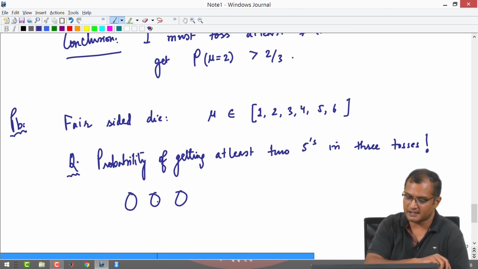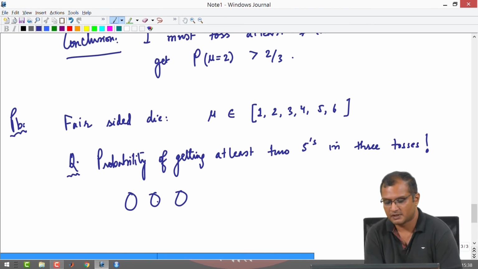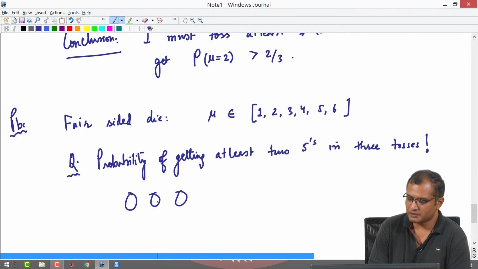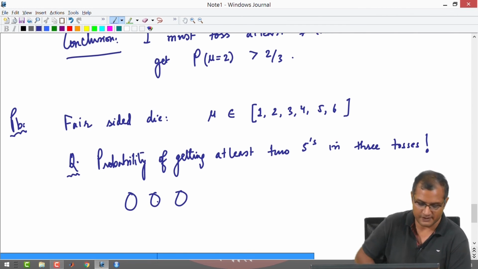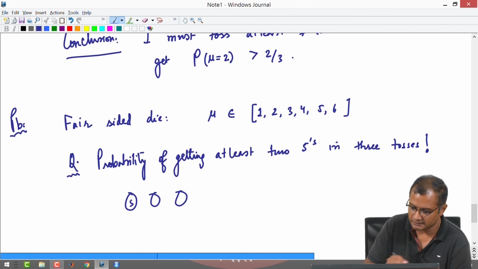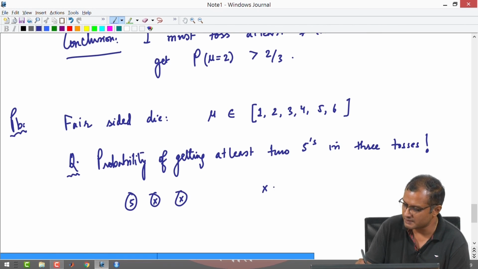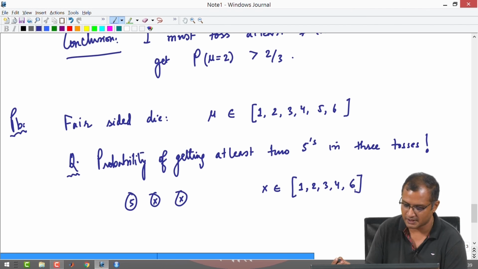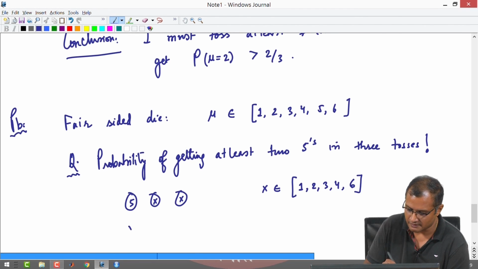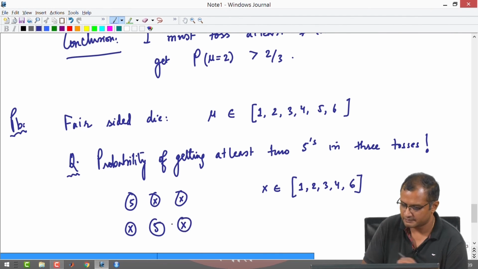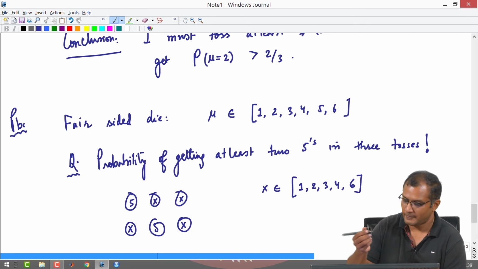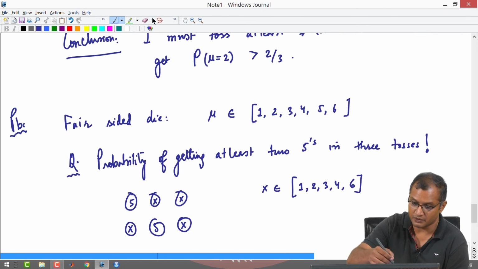You have tossed this fair six-faced die 3 times, and you should tell me the probability of getting 2 5s, which means I could get a 5 here and something else here. This something else means you could be getting 1 2 3 4 or 6, not a 5, okay, 5 is absent. And you could also get something here and a 5 here and something here.